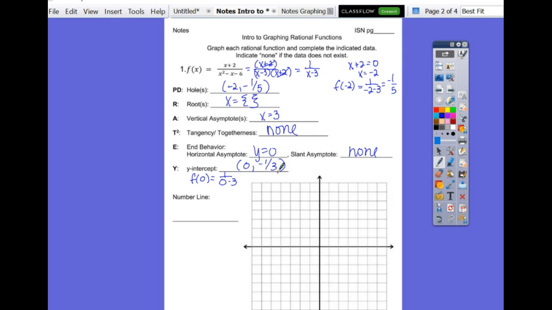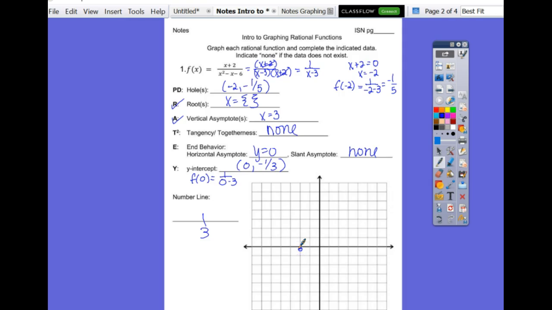So on the number line, we're going to put the roots and the vertical asymptotes. So the only thing on the number line is 3. So I'm going to start by putting the hole here. So I have negative 2, negative 1/5.